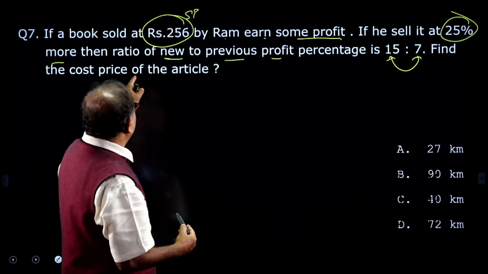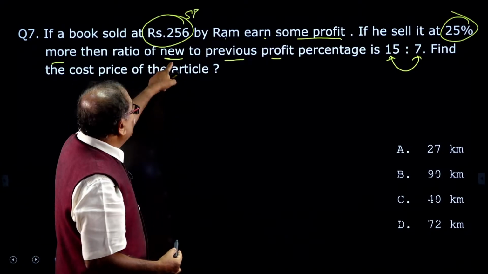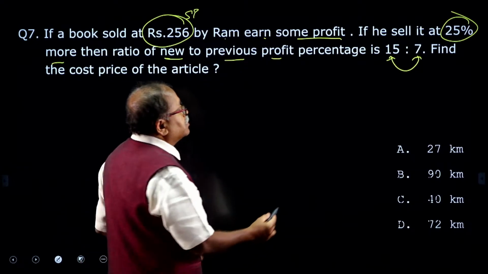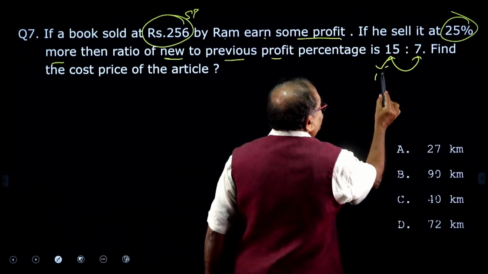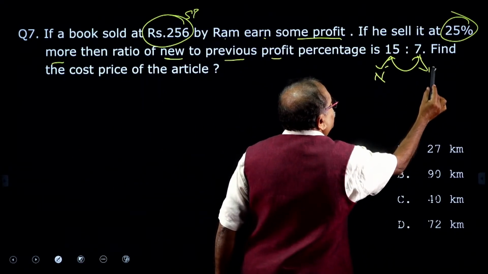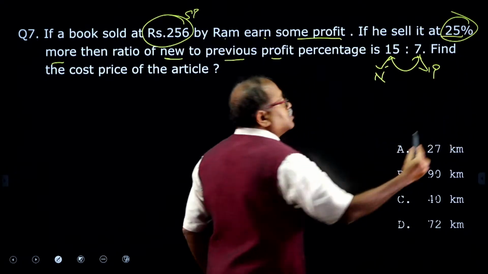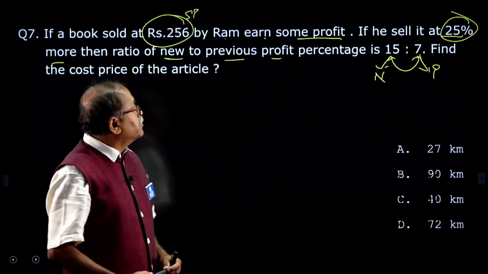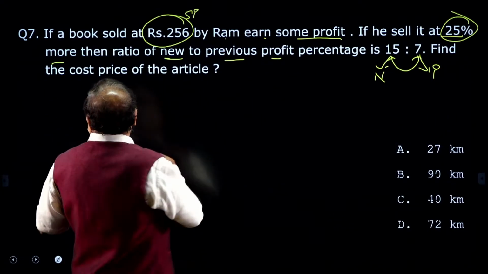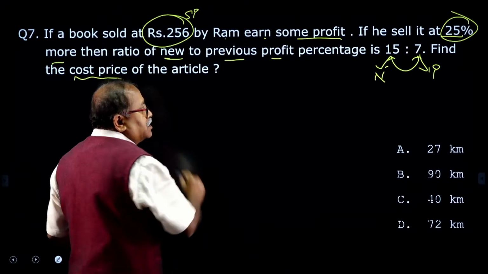It says the new profit and previous profit. This is the new profit and this is the previous profit when he sells at 25% more. Now, here the question asks, what is the cost price of the article?